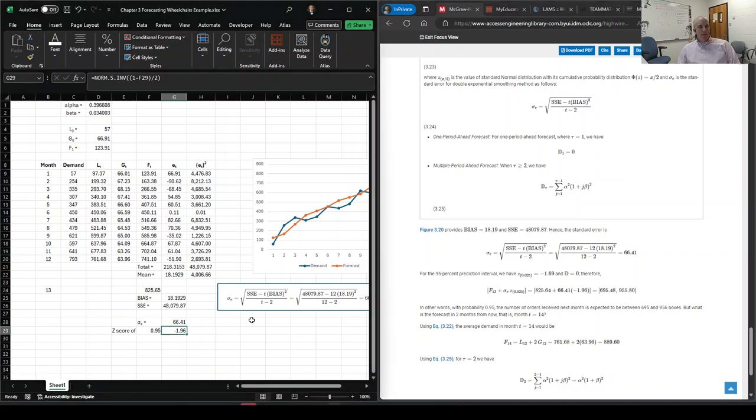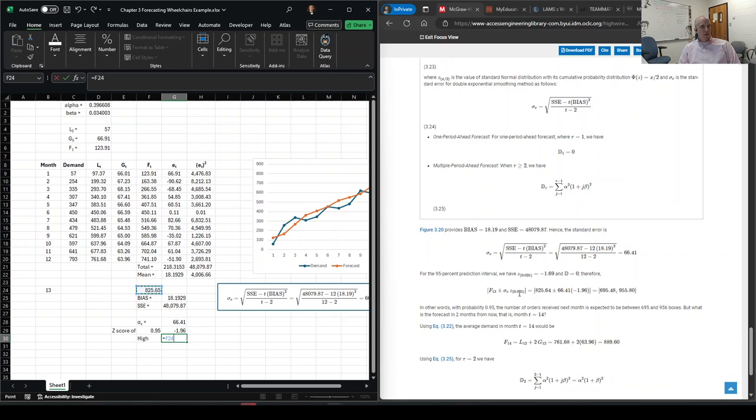So we needed that. We have our 66.41, we have our negative 1.96, and we also have our forecast, which is 825.65, 64 in the book. Now we're ready to calculate these intervals. So we can do a high interval and a low interval. And the high is going to be, we'll take our forecast.